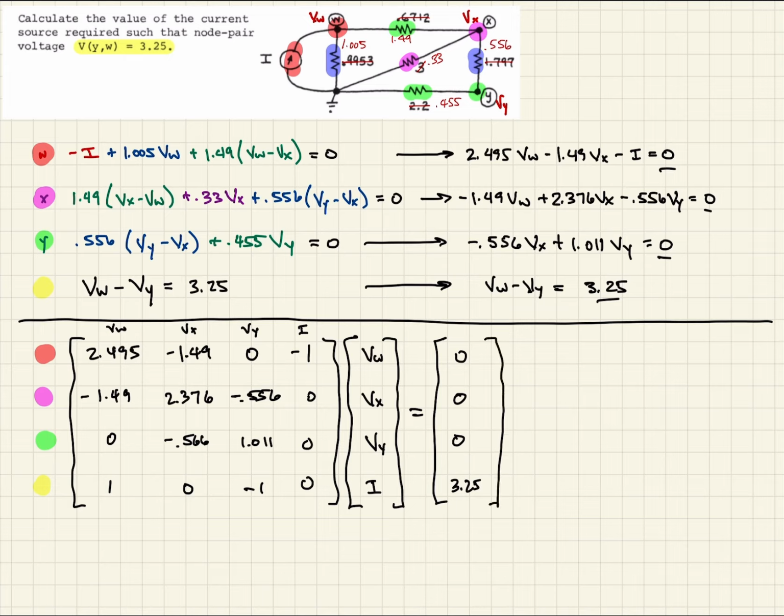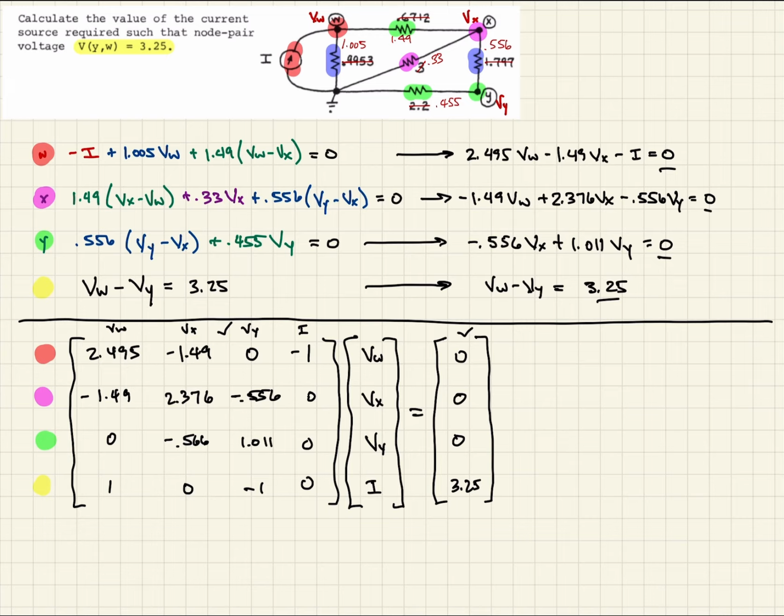Now, again, using your scientific calculator, you should be able to just plug these in. You would enter this array first and then divide it by this matrix, which most scientific calculators will allow you to do by punching things in.